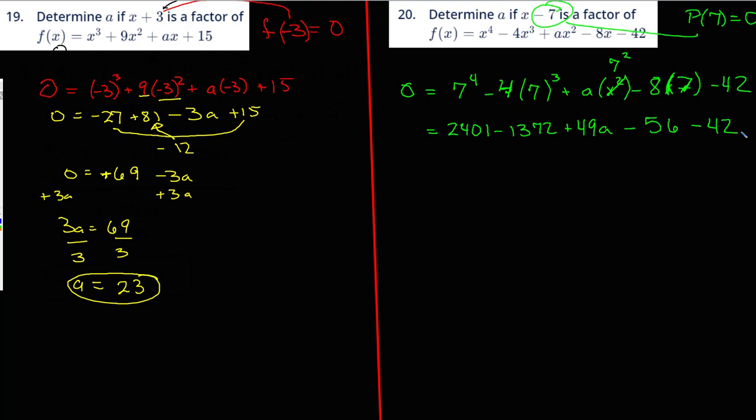And so we want to see what is 2,401 minus 1372 minus 56 minus 42. And we find out that's all equal to a positive 931.